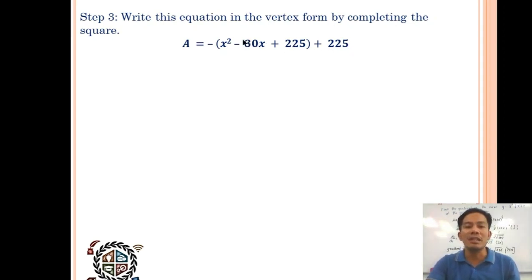I-divide mo si 30 ng dalawa. What is 30 divided by 2? It's 15. Okay? Then after mo i-divide ng 2 si 30, whatever is the numerical coefficient of the x, you have to divide it by 2 and then you square it. What is the square of 15? 225. Okay? Then put the parenthesis, inside that you add that 225 and then outside you add another 225.